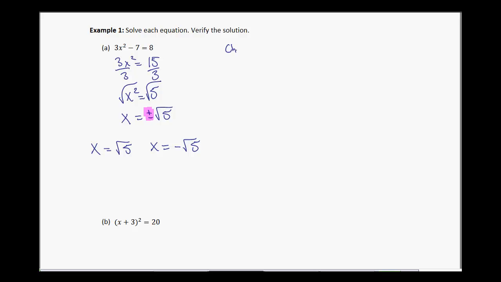So when we are verifying our solution, we test both. X equals square root 5 comes out to 3 times square root 5 squared minus 7 equals 8. We get 3 times 5 minus 7 equals 8, and 15 minus 7 equals 8, and 8 does equal 8.